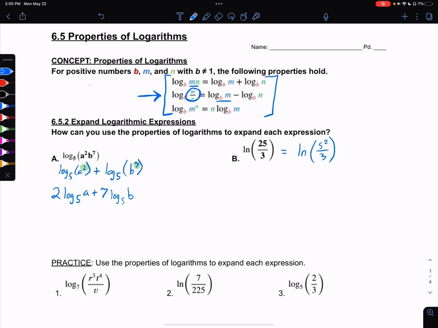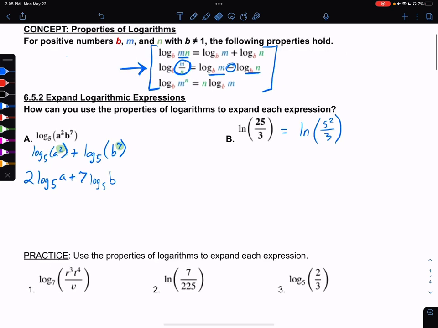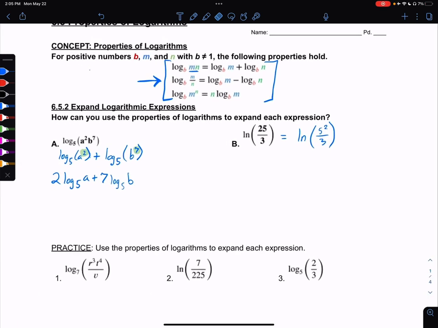It becomes m minus n. So let's apply that to this problem. So it becomes the natural log of 5 squared, let's leave that in parentheses, minus the natural log of 3.